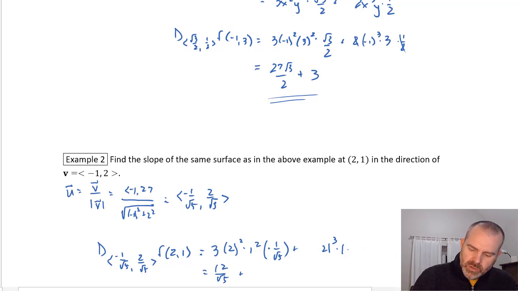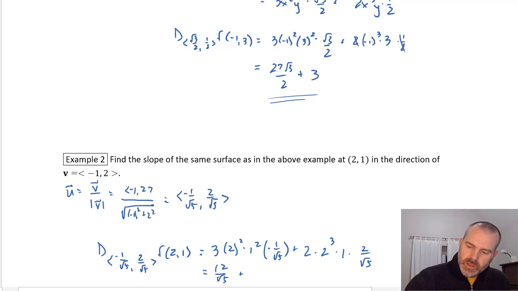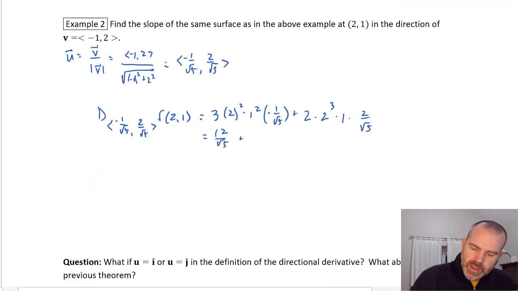Let's try this again. 2 times 2 cubed times 1, and it's not 1/2 this time. It's 2 over the square root of 5, right? So let's see here. 2 cubed, 8. Oh yeah, I really have 2 to the 5th. 32 over square root of 5.